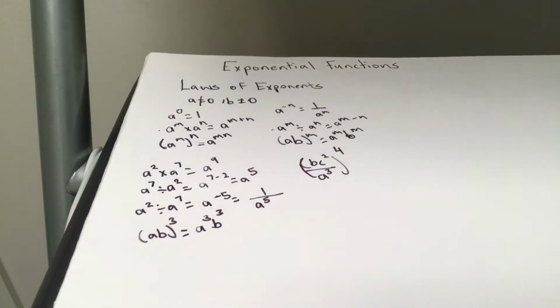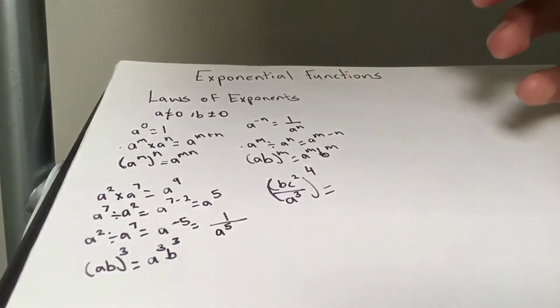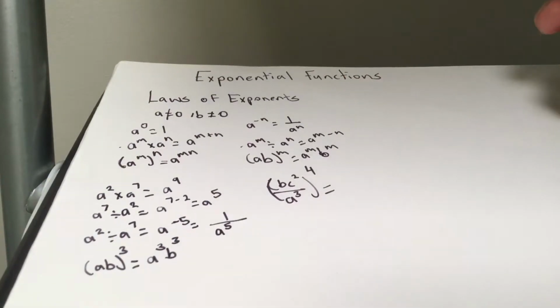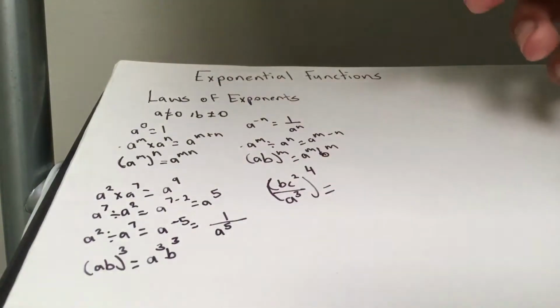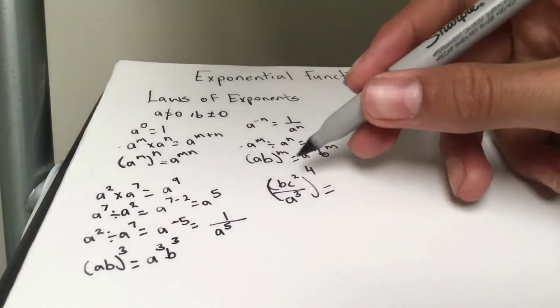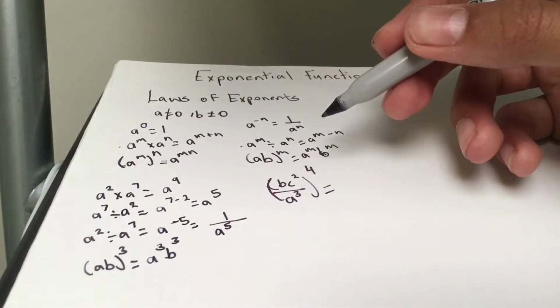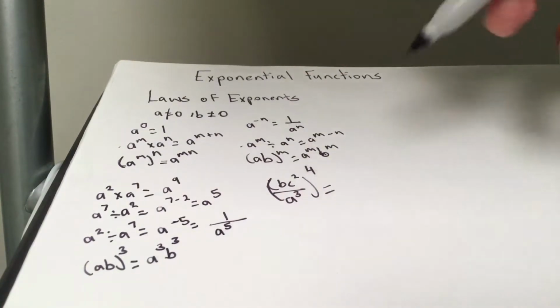So to the power of 4. Okay, so the first thing we're gonna do is use this rule. When we're multiplying, we're gonna add the exponents. Oh wait, sorry. As there is a bracket, we're gonna times them.